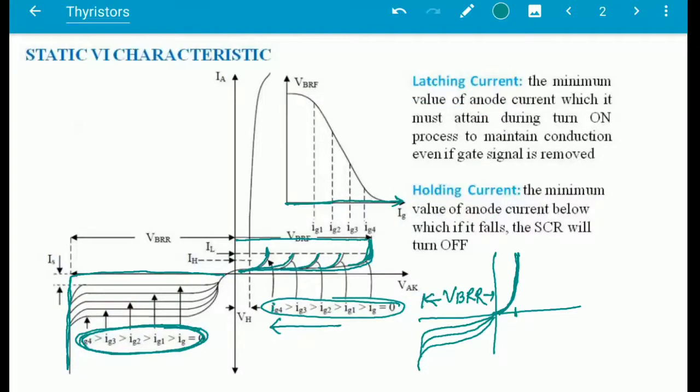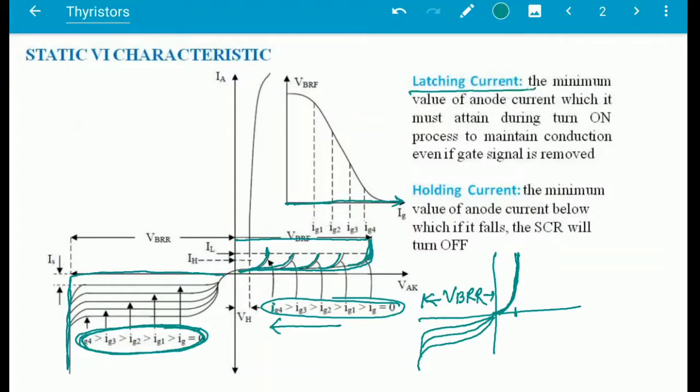The minimum value of anode current which it must attain during the turn on process to maintain conduction even if the gate signal is removed. That means if we remove the gate signal after conduction, the thyristor still conducts the current, but the current should be more than the latching current. So this is the latching current.